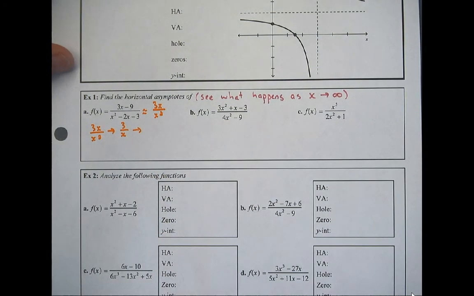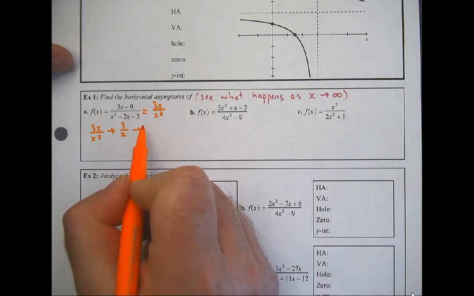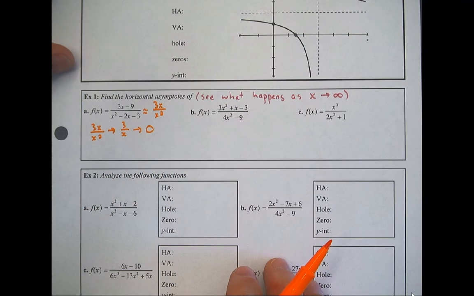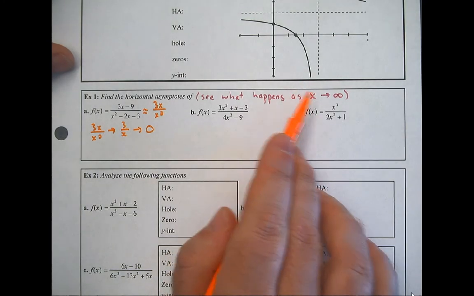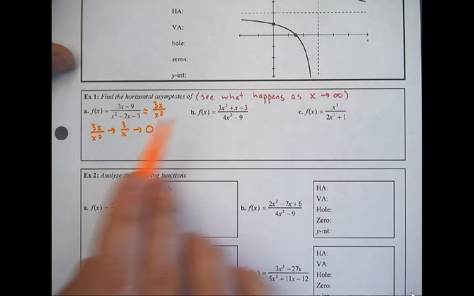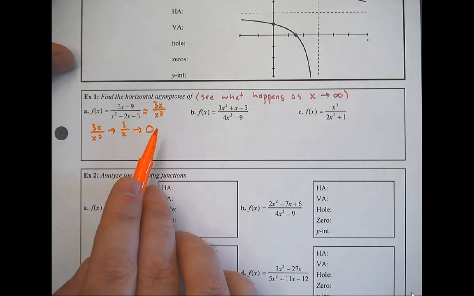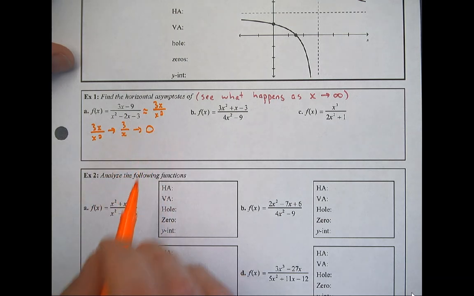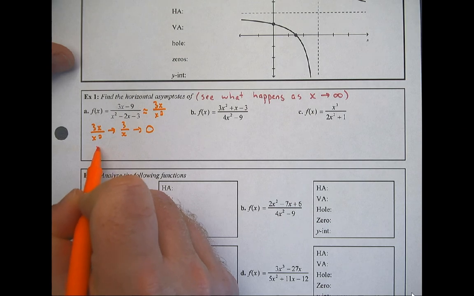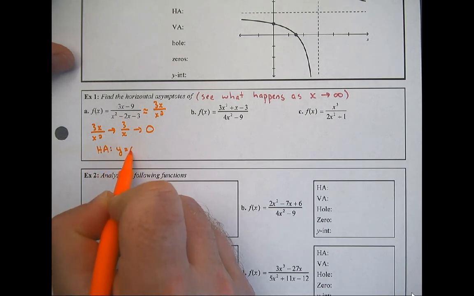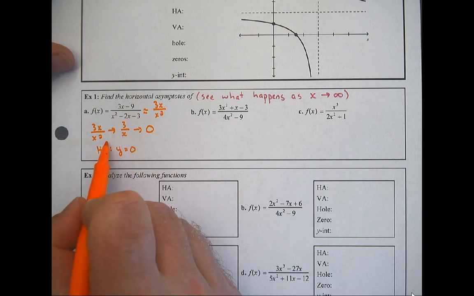What's happening to the amount of pizza that you're getting? Essentially, you're getting closer and closer and closer to nothing. So as x gets bigger and bigger, when you divide by a really, really big number, your answer gets smaller and smaller and heads towards 0. In this scenario, your HA, or your horizontal asymptote, has the equation y equals 0.